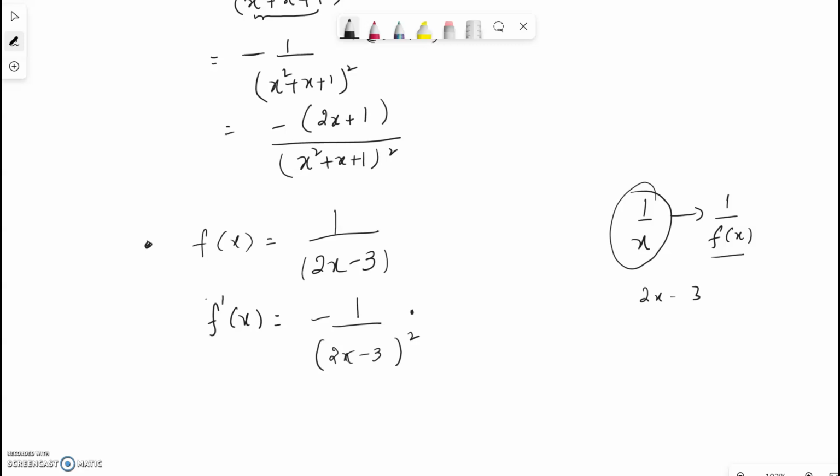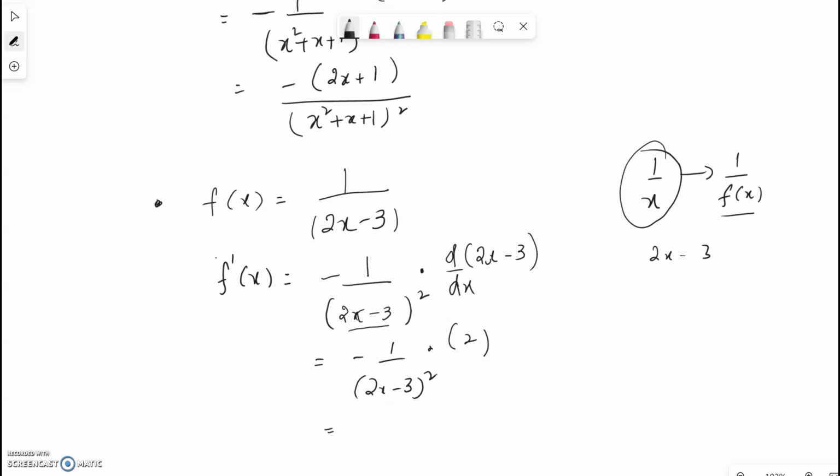So the chain rule says multiply with, since that's not an x, it's a function of x, we have to multiply with the derivative of 2x minus 3, which is negative 1 over 2x minus 3, the whole squared, times 2. So that is negative 2 over 2x minus 3, the whole squared.